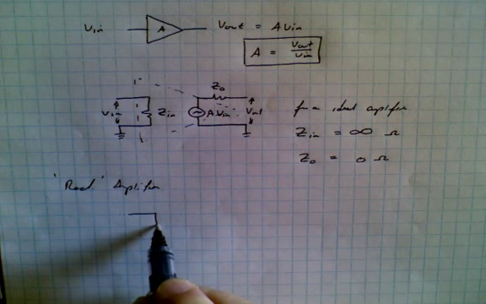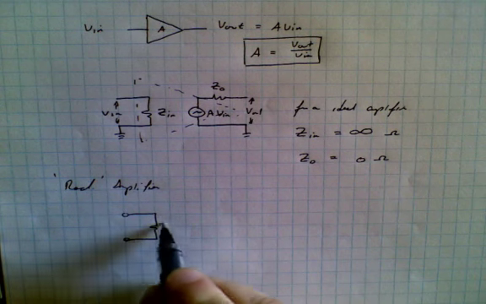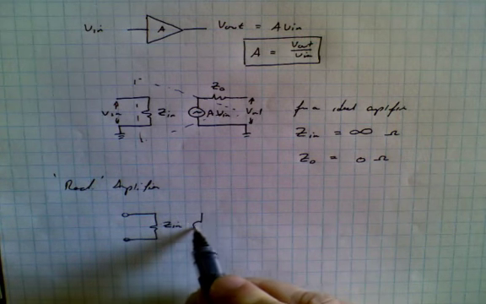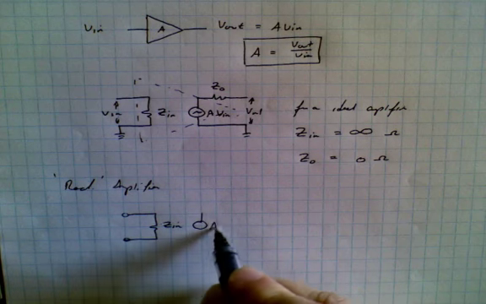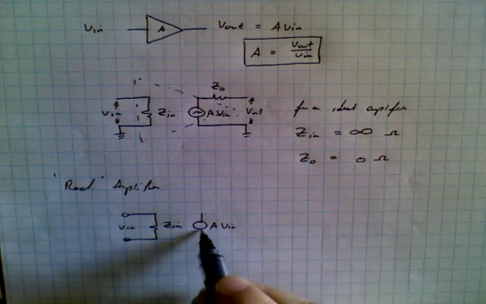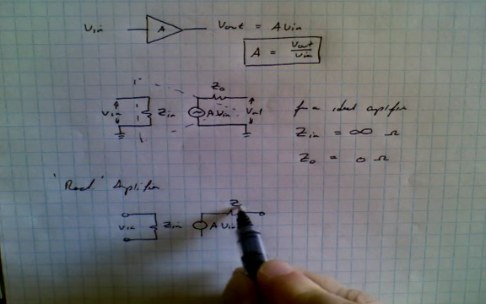So again, we're going to have some sort of input impedance, Z in, and we're going to have some kind of a gain times V in. This is V in. And we're going to have some kind of Z out.